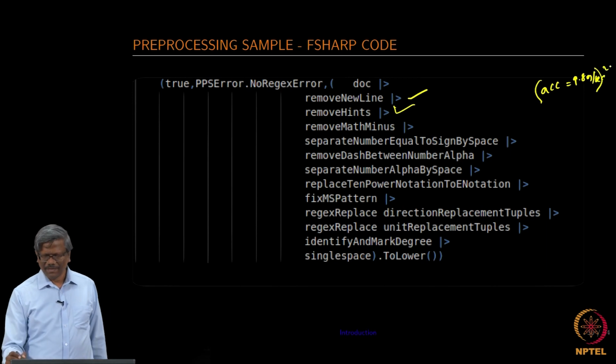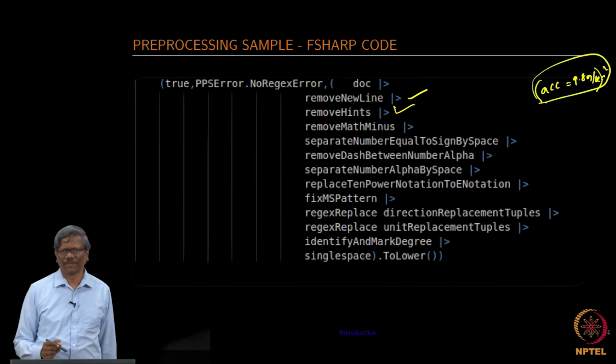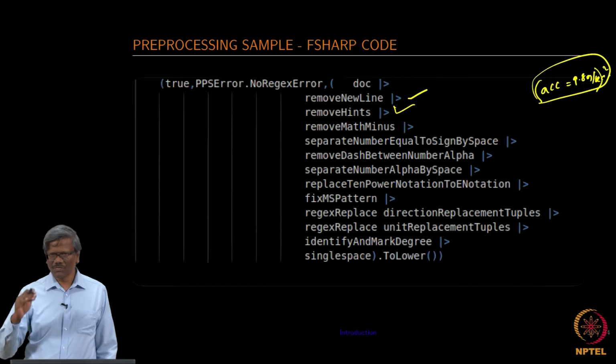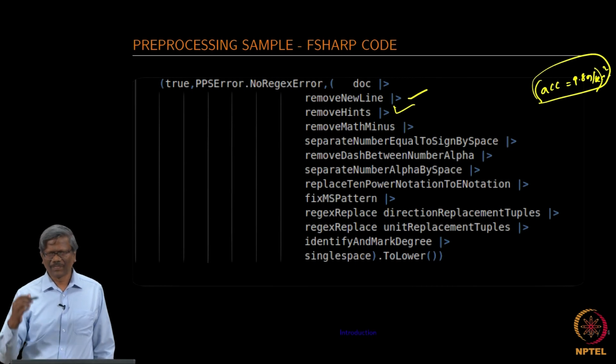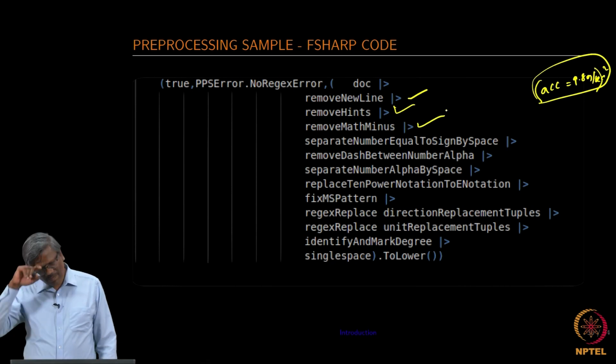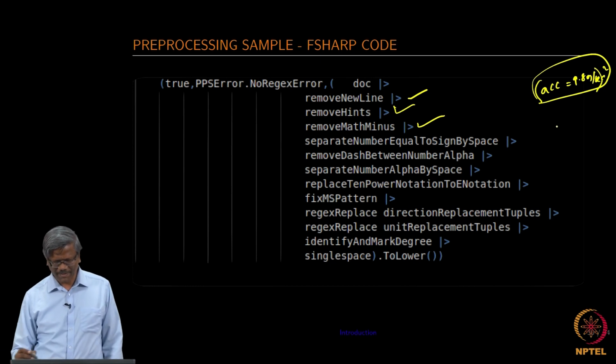So, it does not want to look at that and get confused. So, it removes that. It assumes that all those things that are happening is on the earth. And then it removes certain symbols that are available as part of the original text.